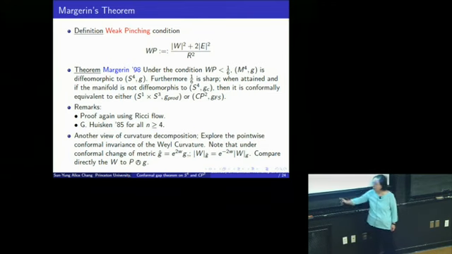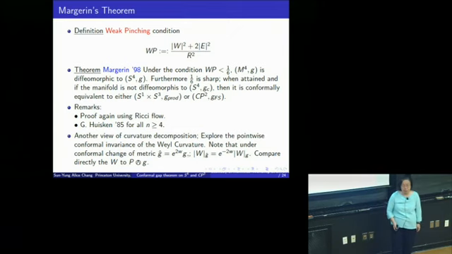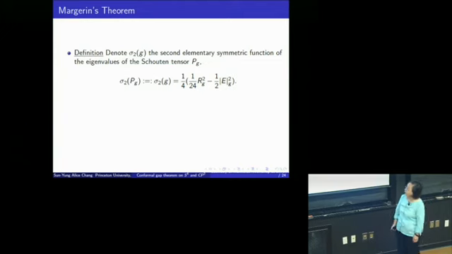That means if I look at a change of metric, which I denote by e^{2w} g, then the Weyl tensor moves pointwise like this. So this part is the pointwise conformally invariant part. That suggests that in the curvature decomposition, the comparison should be between the Weyl part and the Schouten tensor part.